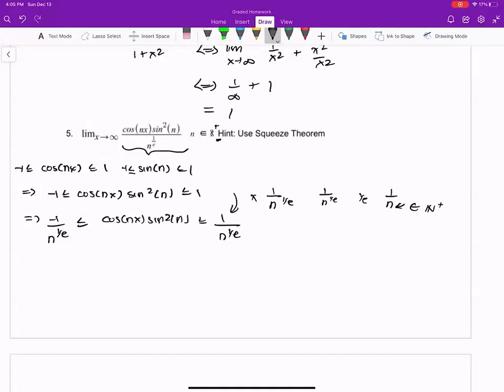And by squeeze theorem, you can evaluate the limits on the left-hand side and the right-hand side, and if they are equal, then you know that the limit of the expression in the middle is the same. So if we calculate the limit as x goes to infinity, okay, you know that cos of x is always between -1 and 1.